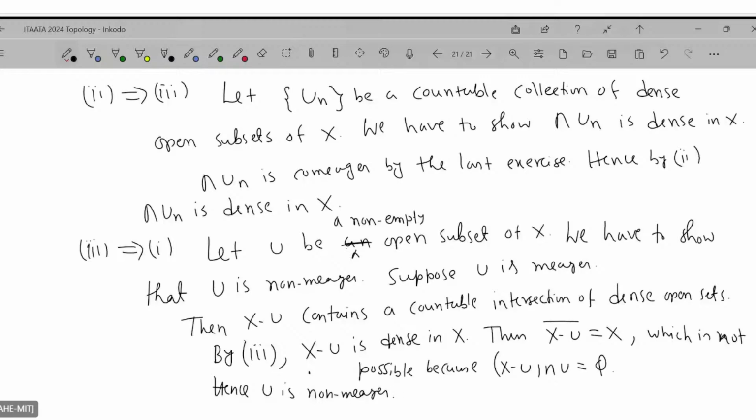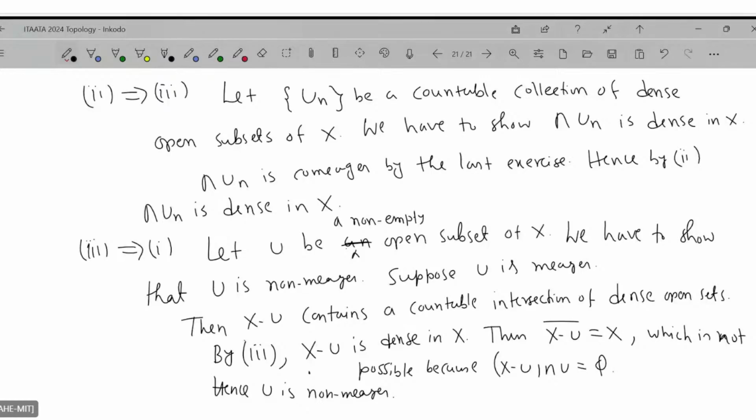This is C. A countable intersection of dense open sets is dense. So a set containing a dense set means the set itself is dense. Because it's a complement, X minus U is closed, so its closure is equal to itself.